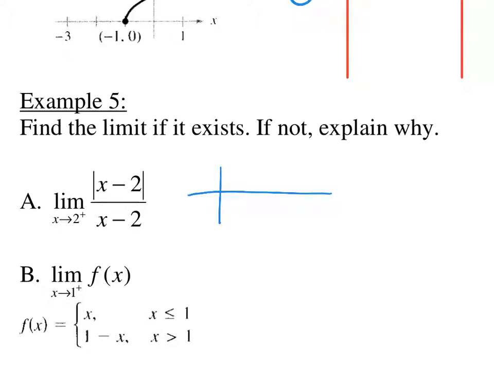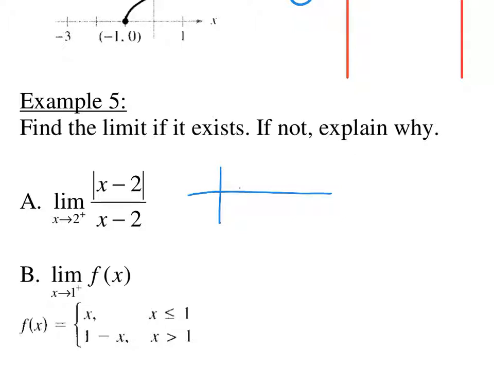So that's going to be a positive 1. Where is that point where it's going to switch, where my numerator is positive always, but my denominator is now negative? Where's that going to take place? At 2. Okay?